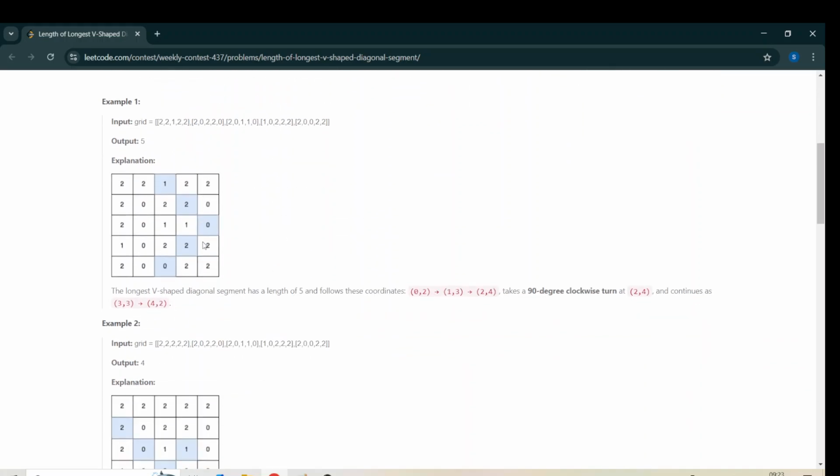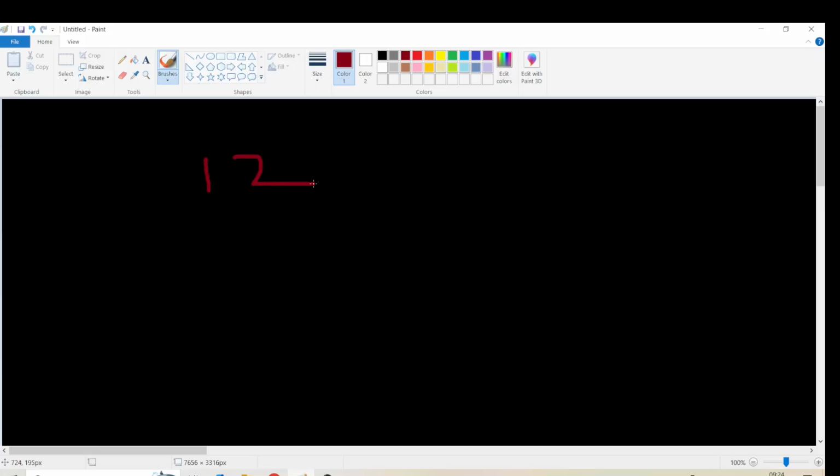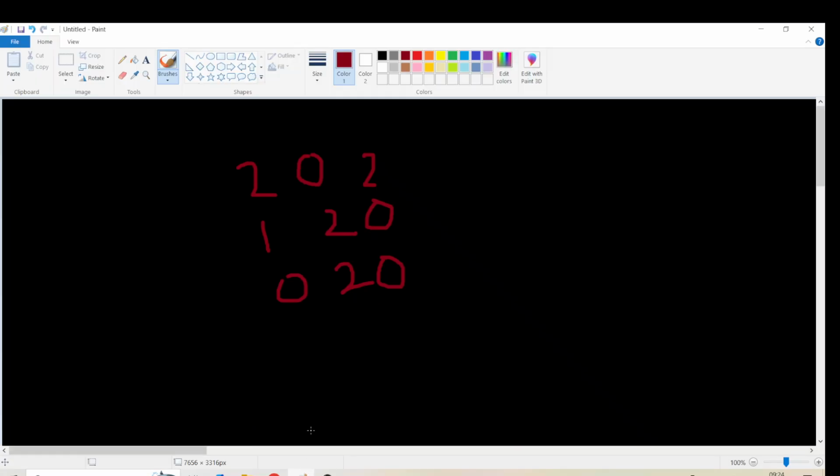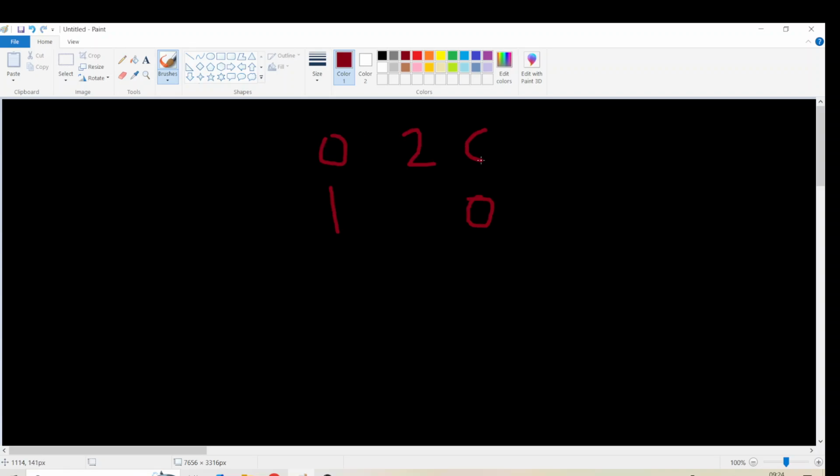So let's take one example. Let's say we have a grid with 1, 2, 0 and 2, and we don't really care about the other elements, so let me write all zeros here.